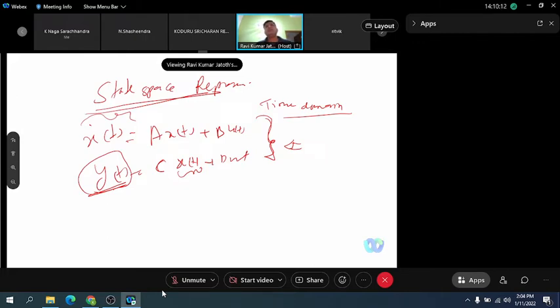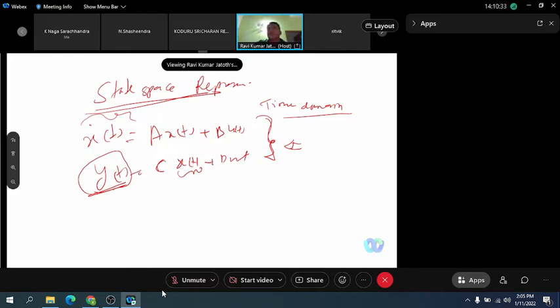So solving an nth order differential equation is very difficult. So what we do is, we represent an nth order differential equation as n first order differential equations, and we call it state space form. Now that is available in terms of matrices.